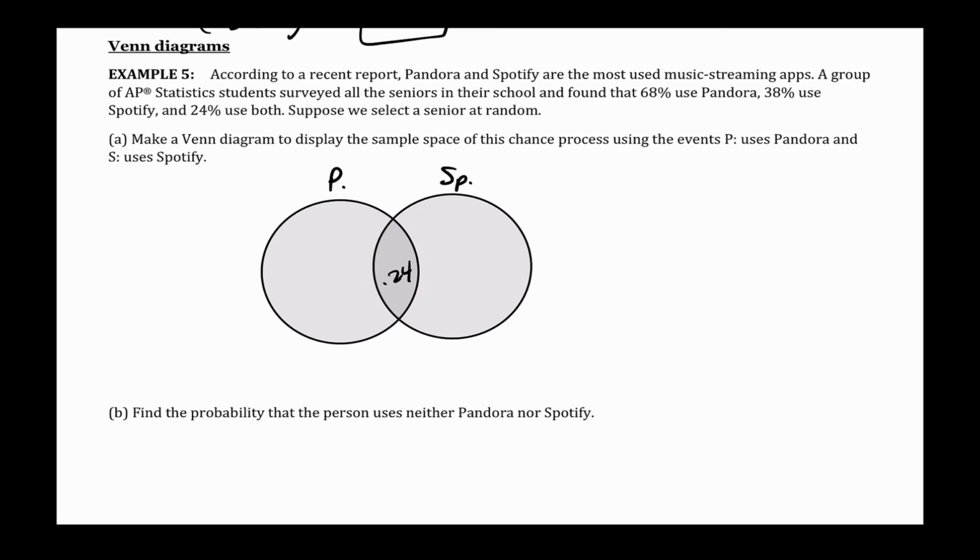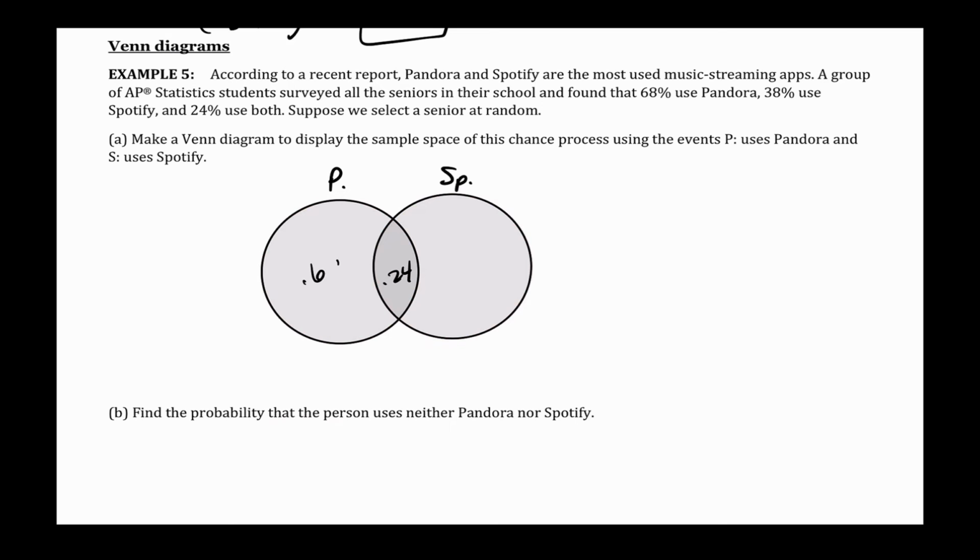So now we're in the bigger circle. I have a P, this is Pandora. This circle represents Pandora, and this circle represents Spotify. So how much should be in the Pandora? 68%.